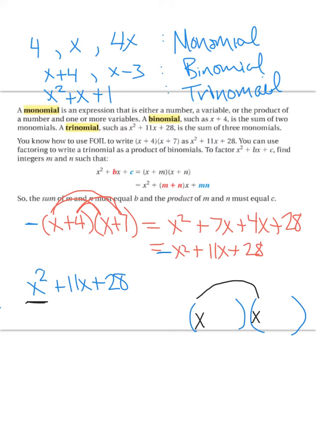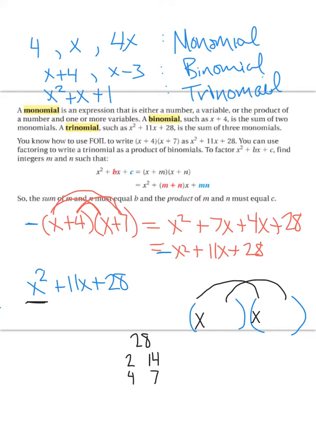X times x is x squared. We also need the last 2 terms to multiply together to equal 28. So let's think about the factors of 28. We have 2 and 14 and 4 and 7.